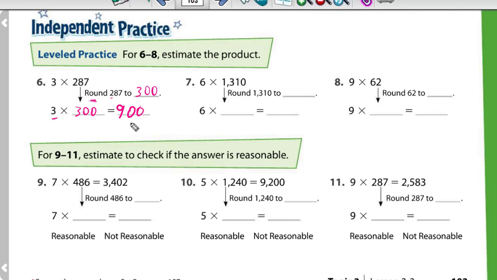So the estimate is 900. Thank you, Ibrahim. And guys, you have 1 minute to finish 7 and 8.